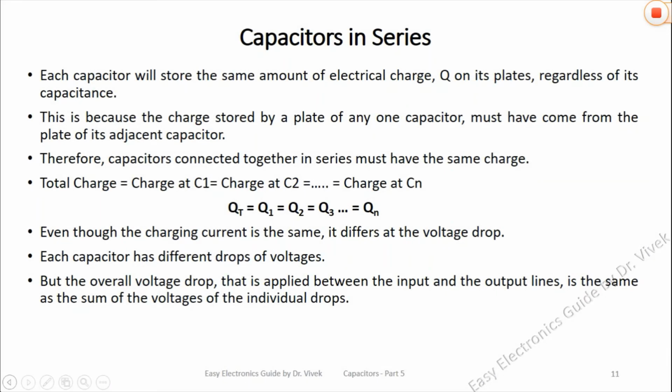In series, each capacitor will store the same amount of electrical charge on its plates regardless of its capacitance. Even though the charging current is the same, each capacitor has a different voltage drop.